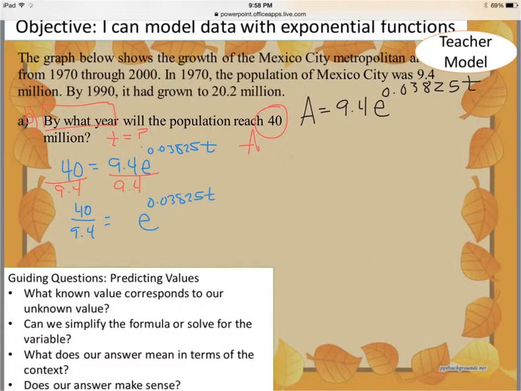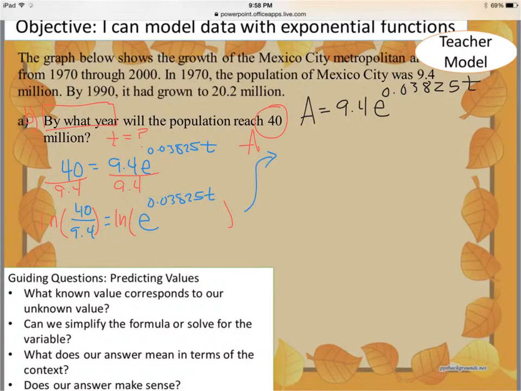So since we have base e and we also want to solve for t, which right now is stuck up in the exponent, we're going to go ahead and take the natural log on both sides of that equation. And what that allows us to do is use our power property in order to bring our exponent down as a multiplier to the ln. And then also, we're going to do the ln on e, which is just 1.